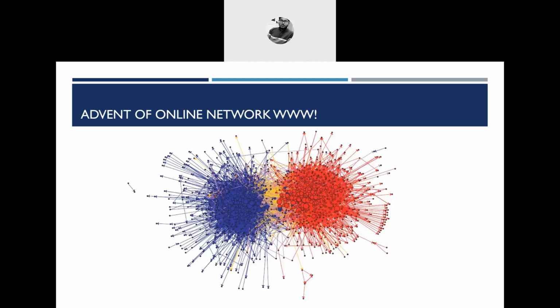Tim Berners-Lee invented the WWW. That was modeled after the Barabasi-Albert model network. Firstly, it was made with the help of Erdős-Rényi. Then it was gradually changed to Barabasi-Albert. But the modeling of the WWW started with Stanford University in the 1990s.